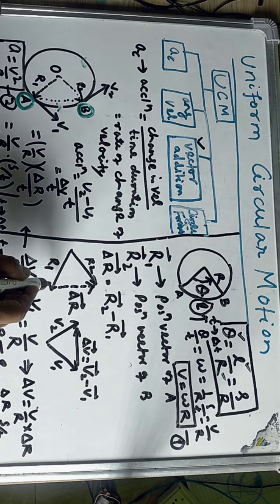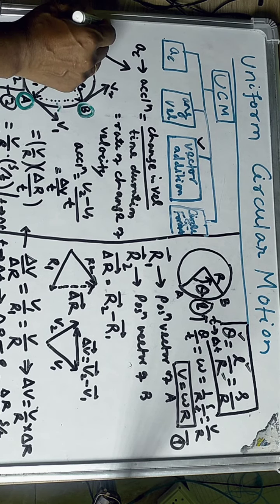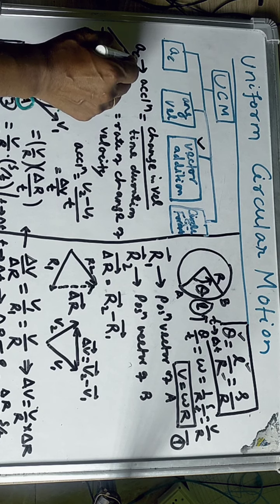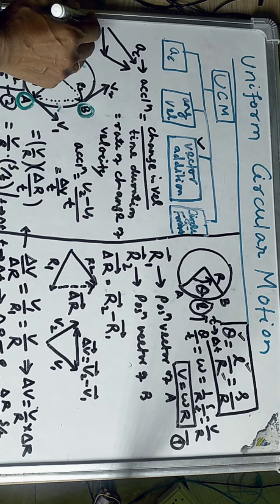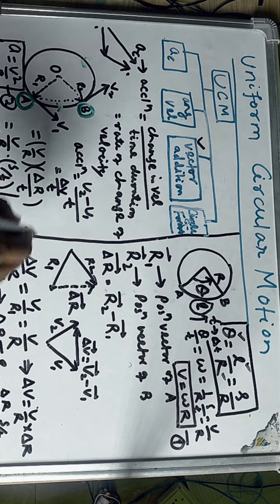If two vectors are added, the resultant vector is the vector joining the start point of the first vector and the end point of the second vector.